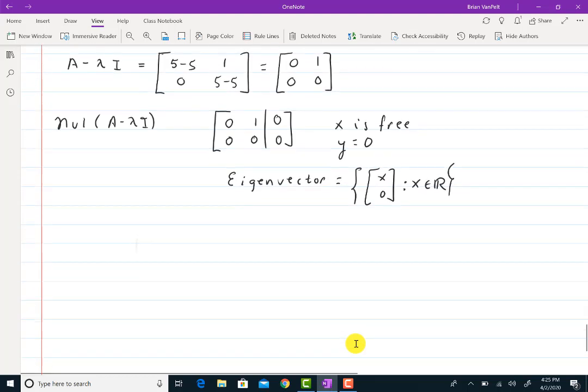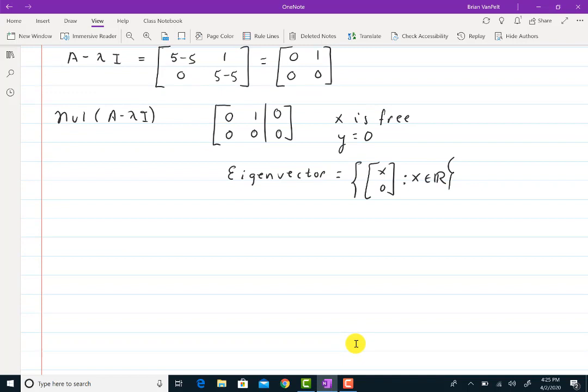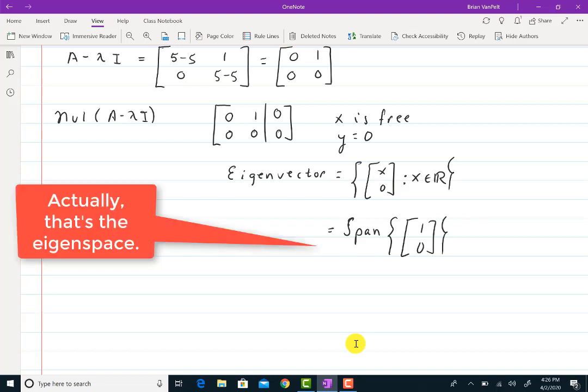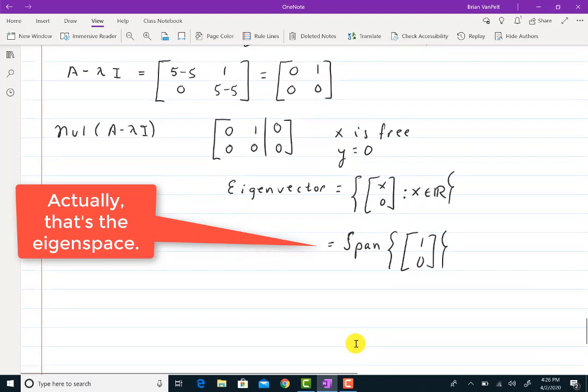But there's a much simpler way to describe that. I can pick any number I want to be a generator for these matrices. And so this is where I'll be using the span. We could have it generated just by the single vector 1, 0. So we would have then only one eigenvector.